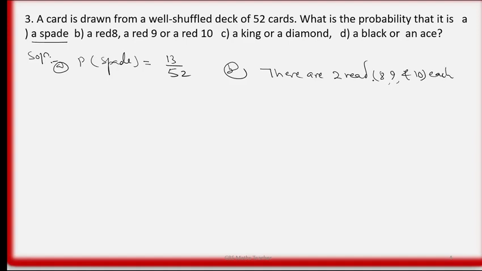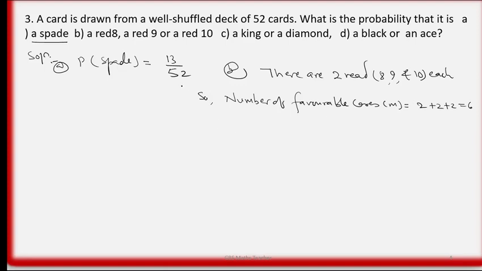So the number of favorable cases, m equals 2 plus 2 plus 2 equals 6.